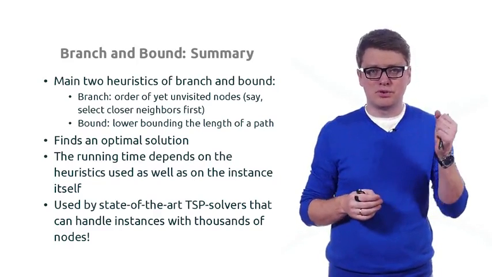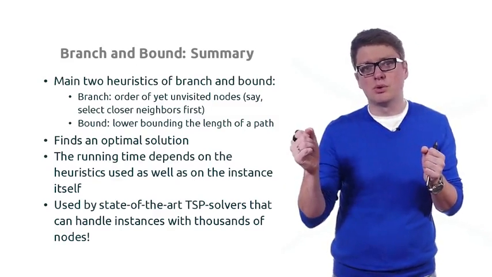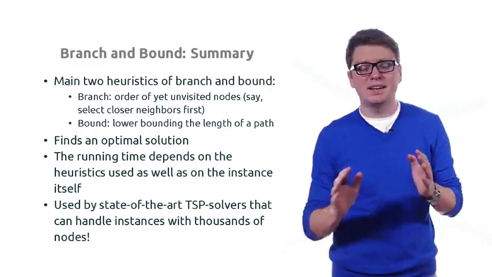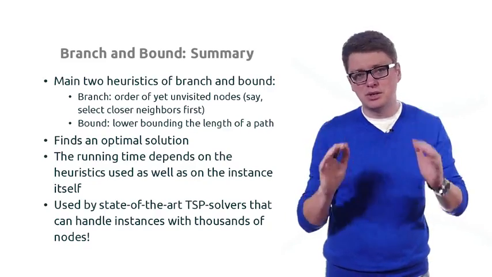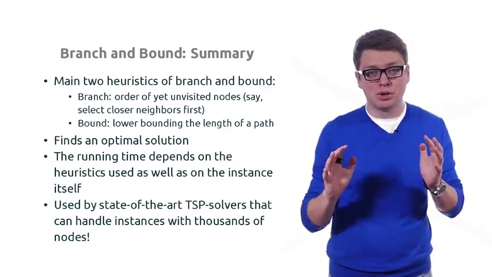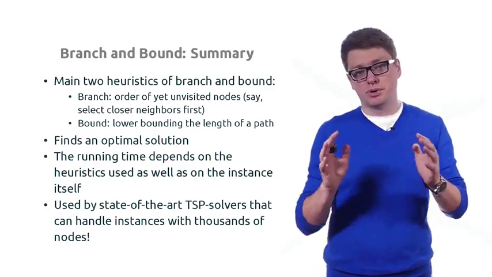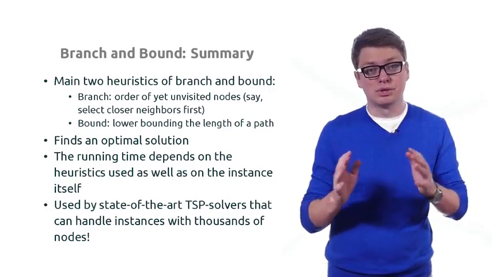Sometimes the heuristic gives a good lower bound, but it is too slow. So there is some trade-off. Finally, let me mention this is exactly the idea that is used in modern TSP solvers that are actually able to solve instances of the traveling salesman problem consisting of thousands of nodes.